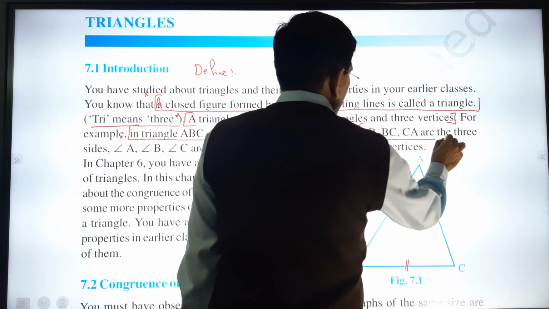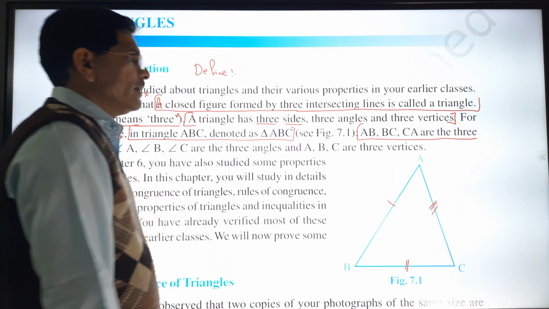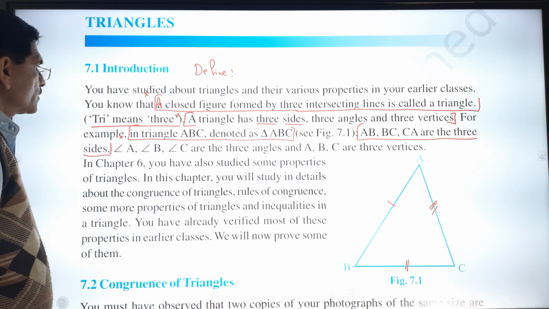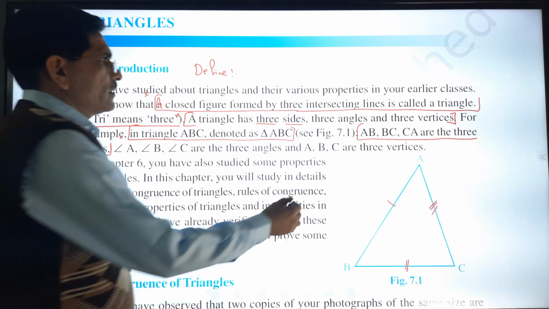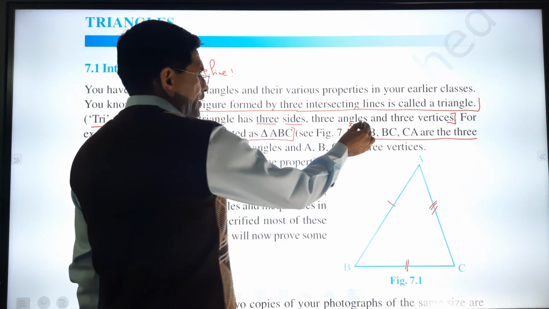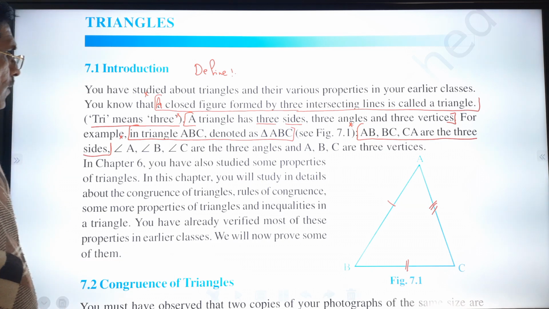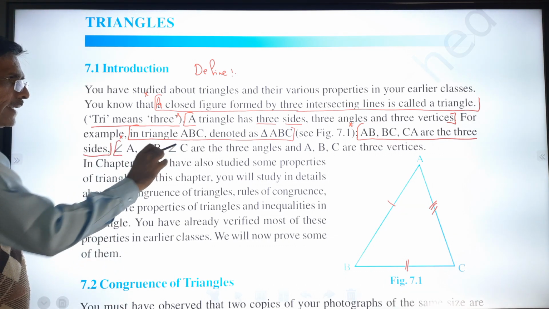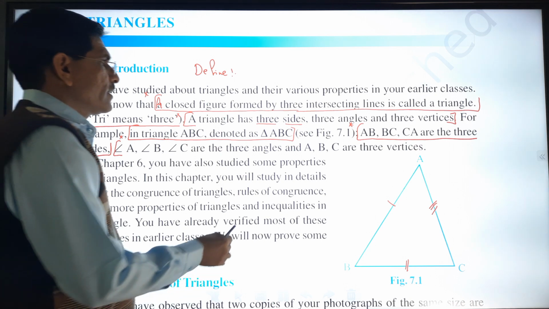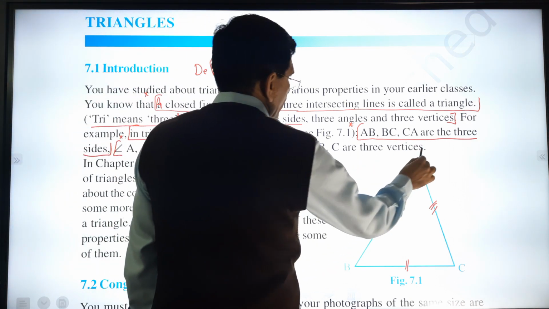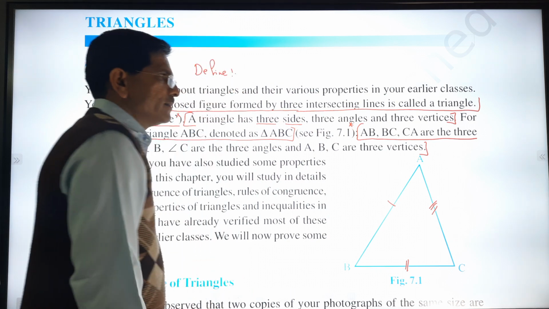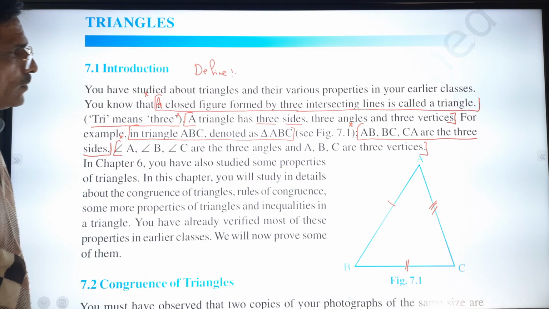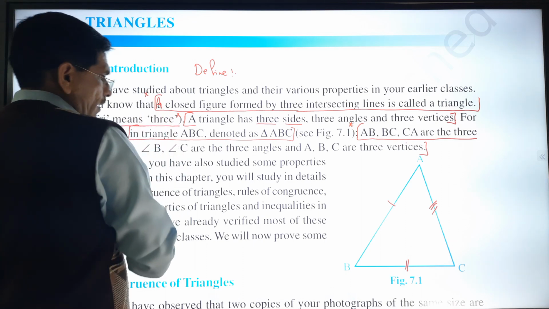Fourth point: AB, BC, and CA are the three sides of the triangle. Fifth point: angle A, angle B, and angle C are the three angles, and A, B, and C are the vertices.